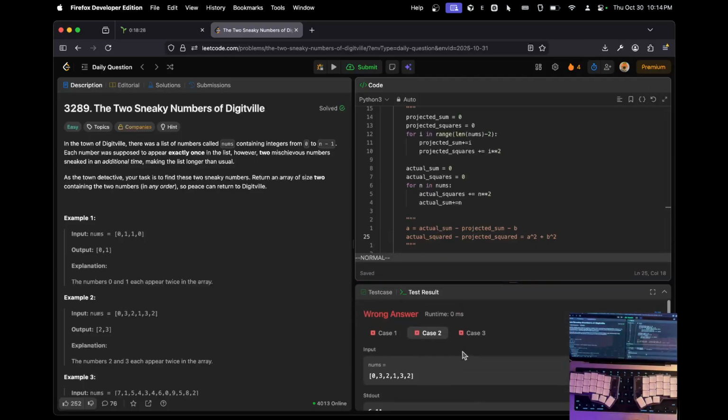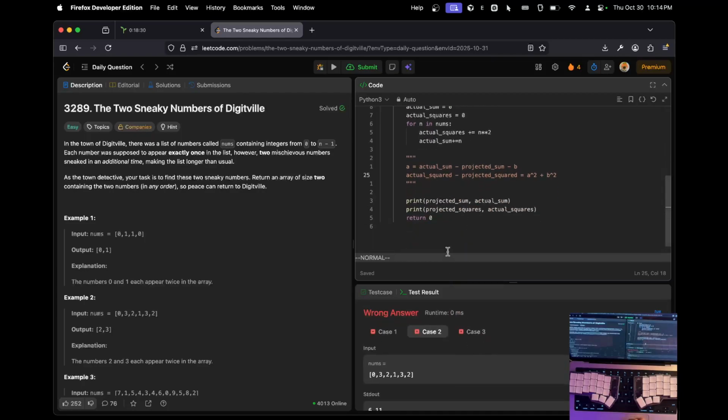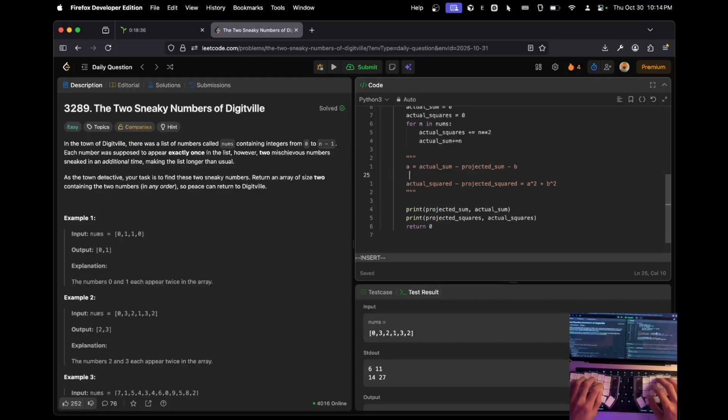In this case, what's our actual and our projected? Our projected is 6. Sorry, our projected is 6. So 11 minus 6 minus B.